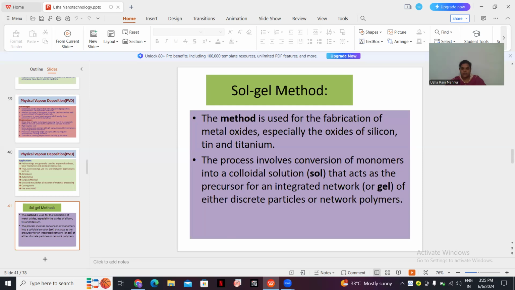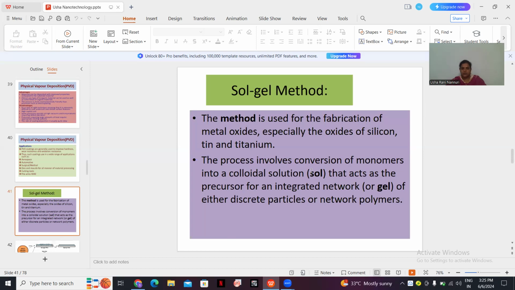The sol-gel process involves conversion of monomers into a colloidal solution, that means a sol, which acts as the precursor for an integrated network, called a gel, of either discrete particles or network polymers.